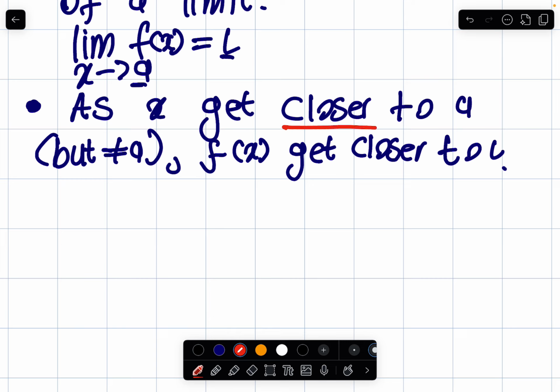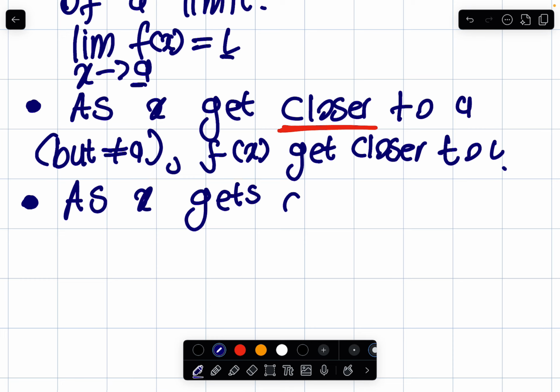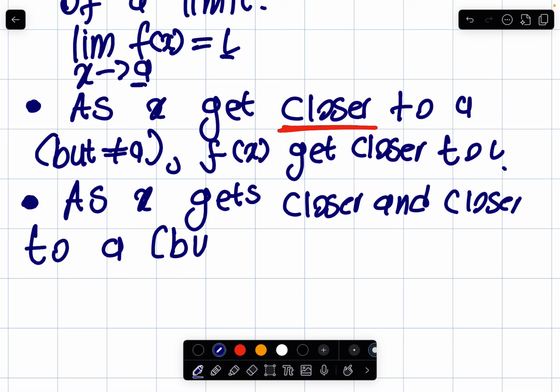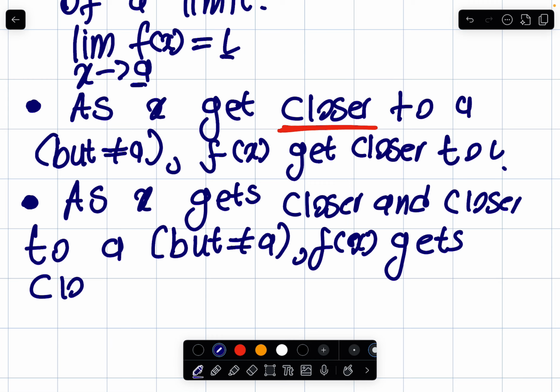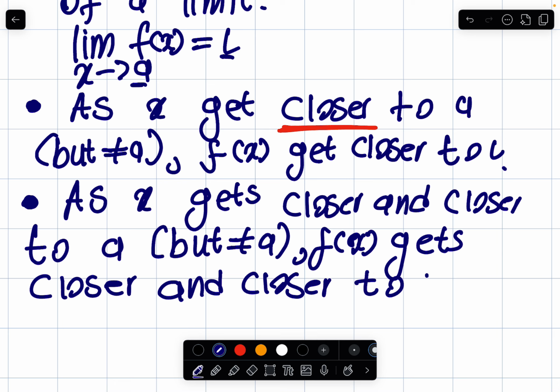This is the main proximity. So point number 2, we say: as X gets closer and closer to A but not equal to A, f of X gets closer and closer to L. These are our key points.